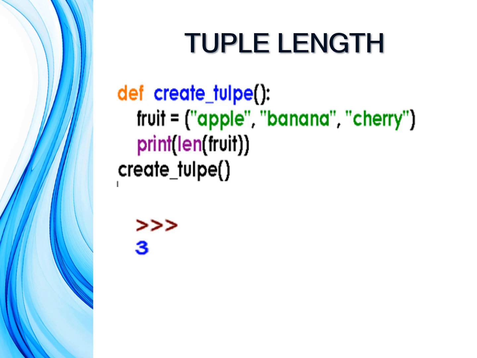In this example, fruit is equal to a list of items, and we have 3 items available in the tuple named fruit. In the print statement, print len of fruit, we know that we have only 3 items, so the output will be 3.